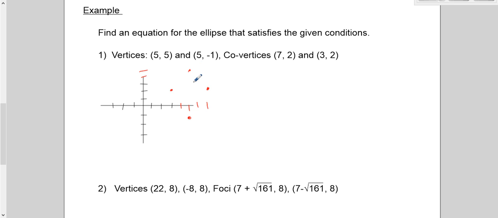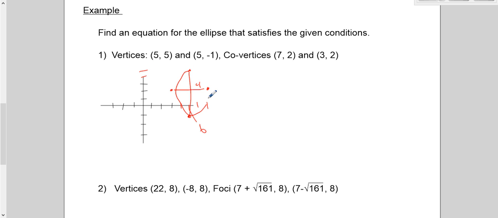And if I take a look at this, let's move this up a little bit. If I count my units here, I've got from negative 1 up to 5, that's 6 units. So that is 6. Going sideways, I've got 1, 2, 3, 4 units. So that's 4.